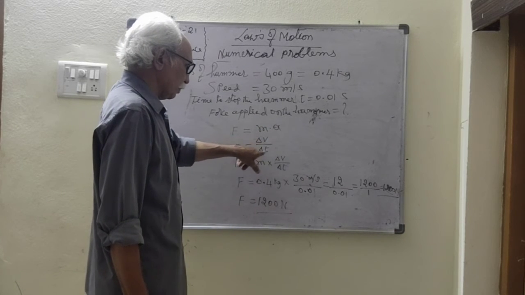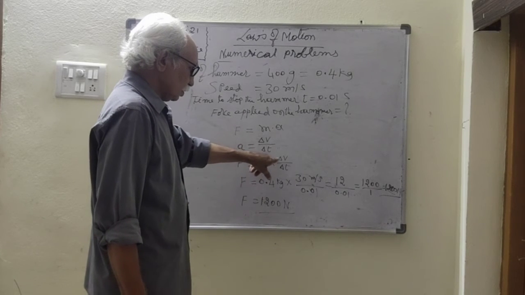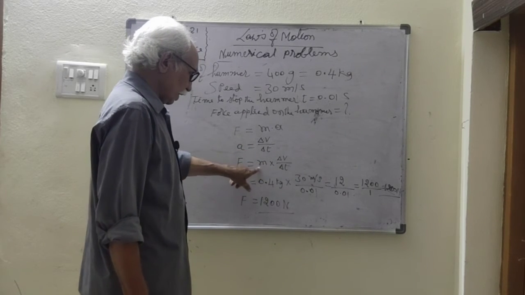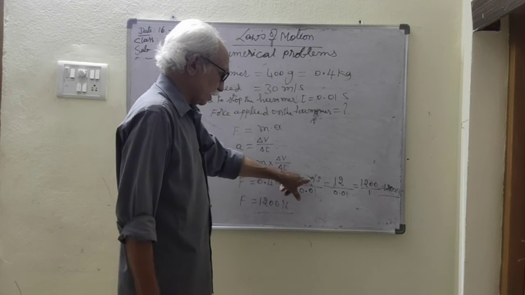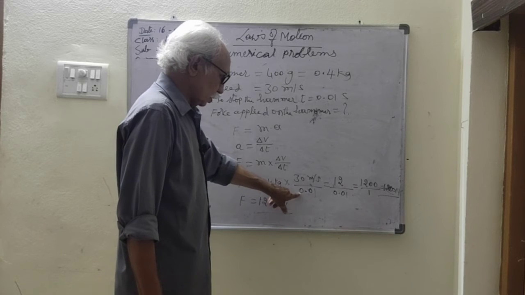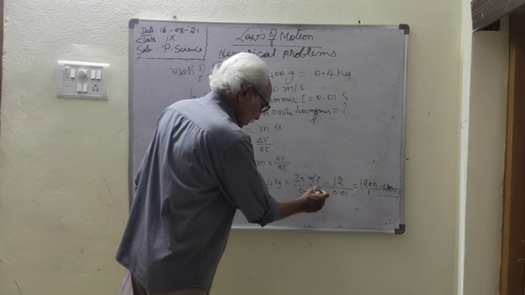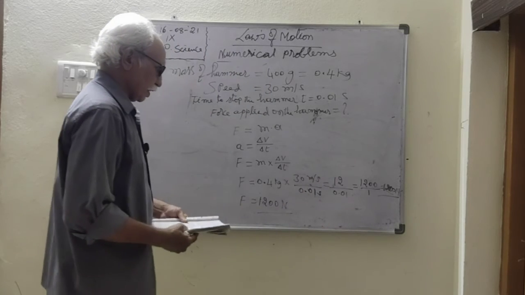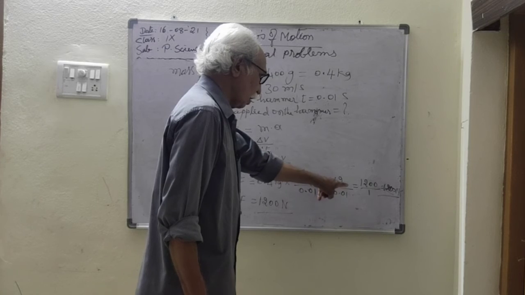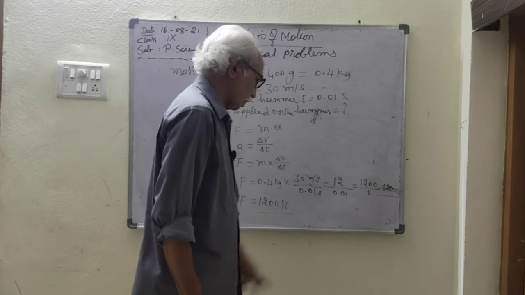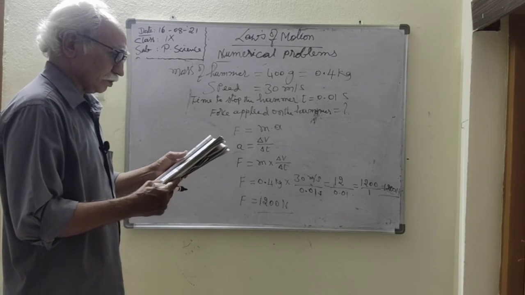So force is equal to mass into change in speed by time: 0.4 kg into 30 meter per second by 0.01 second. Therefore the answer is 12 by 0.01, or 1200 by 1, that is 1200 newtons. This is the force applied on the hammer.